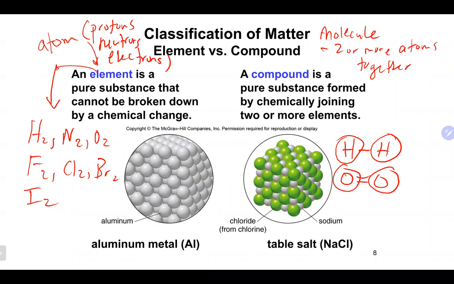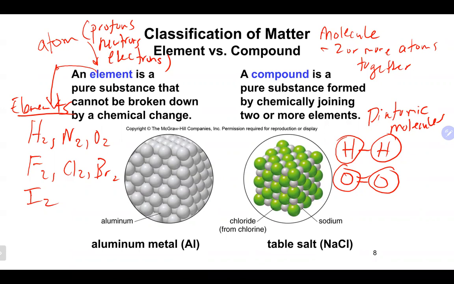Because H2, N2, O2, F2, Cl2, Br2, and I2 only contain atoms of the same element, they are all elements, even though they come as twos. And they are also considered diatomic molecules. Diatomic, di meaning two, atomic meaning atom.